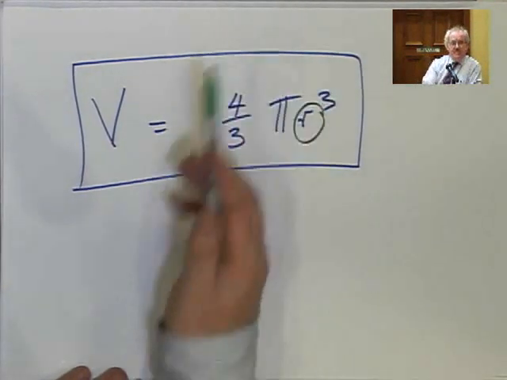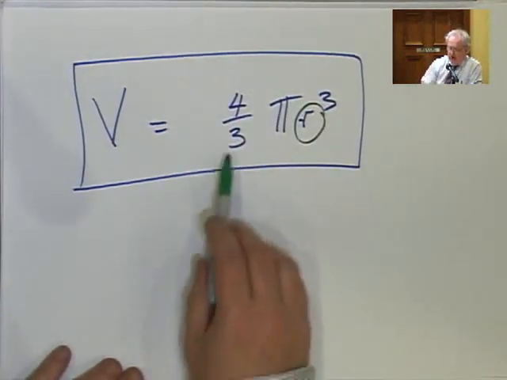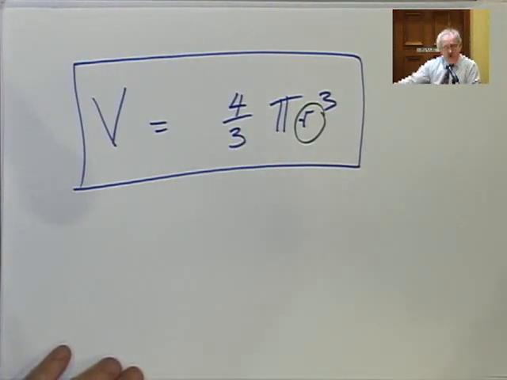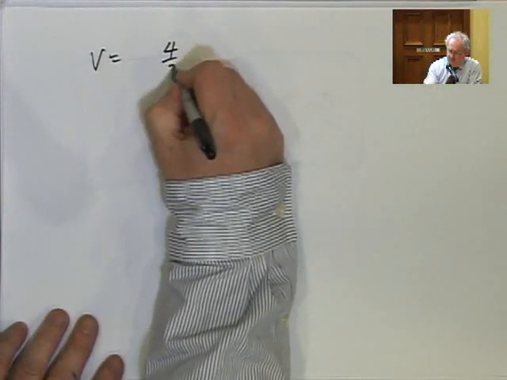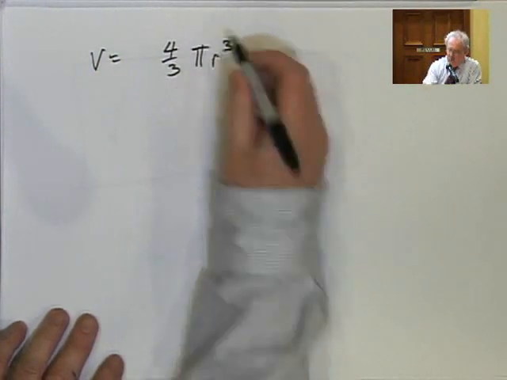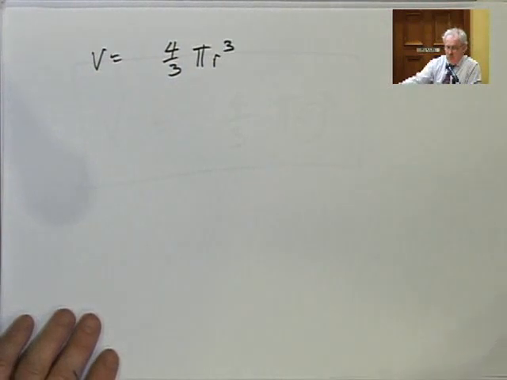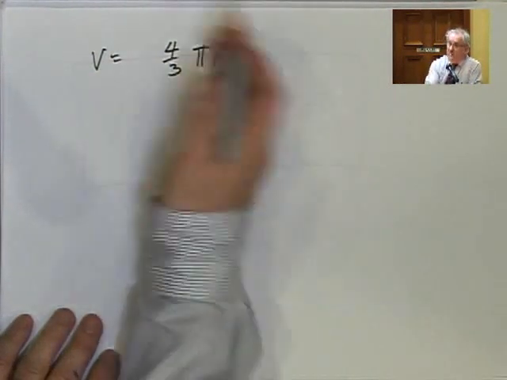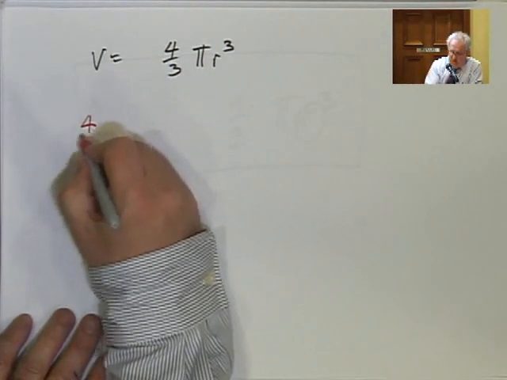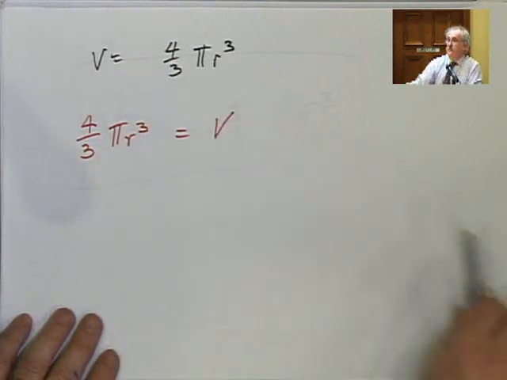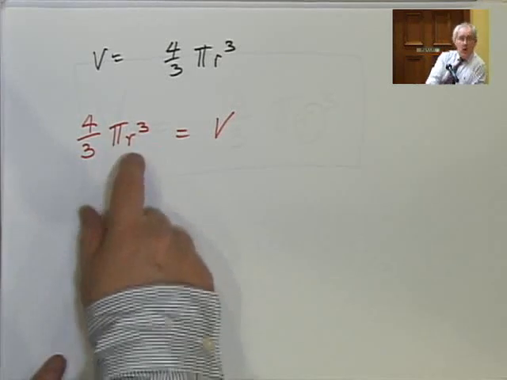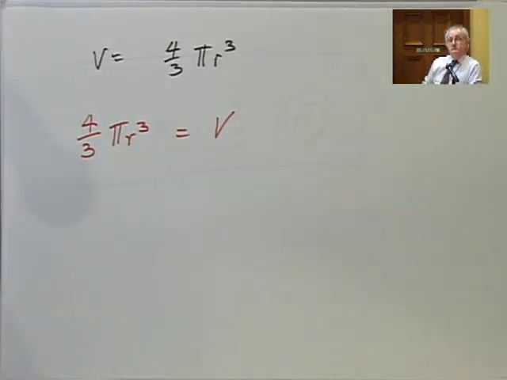Well, you could swap things around, but let's start by saying, how do we simplify that? V equals 4 over 3 pi r cubed. Or, taking it over to the other side, we could say 4 over 3 pi r cubed is V. R is on the right side for us now.